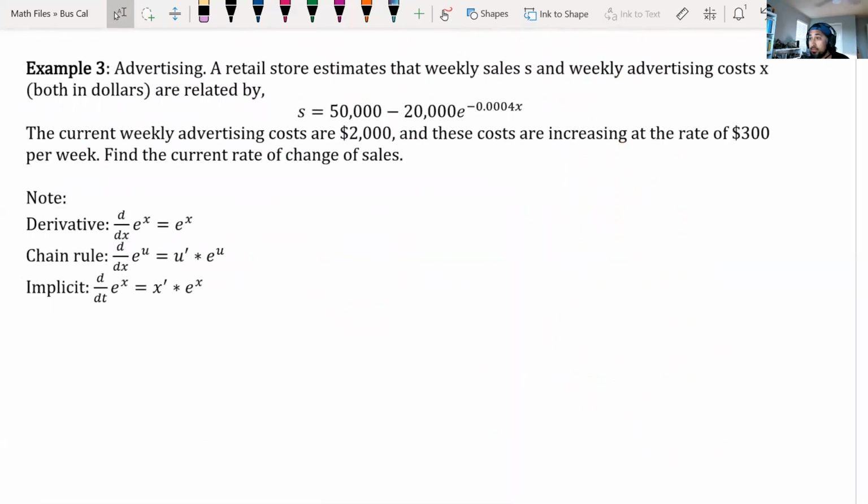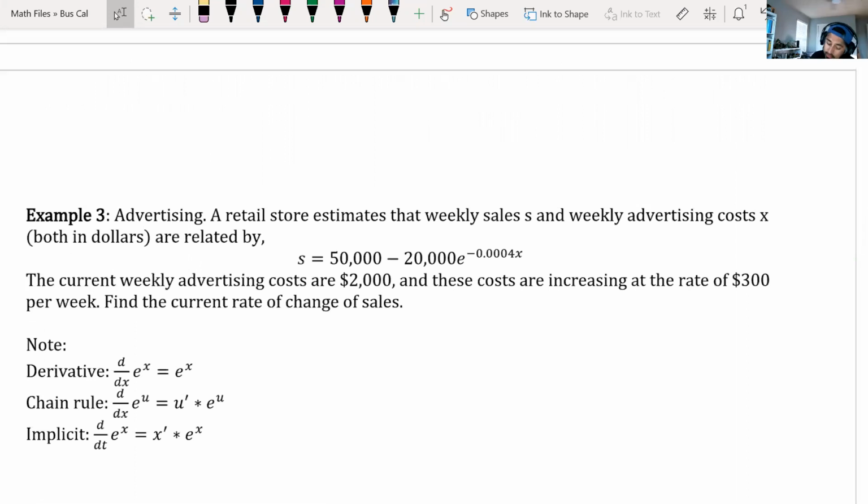A retail store estimates that weekly sales S and weekly advertising cost X, both in dollars, are related by the equation S equals 50,000 minus 20,000 e to the negative 0.004x. The current weekly advertising costs are 2,000, and these costs are increasing at the rate of $300 per week. Find the current rate of change of sales.